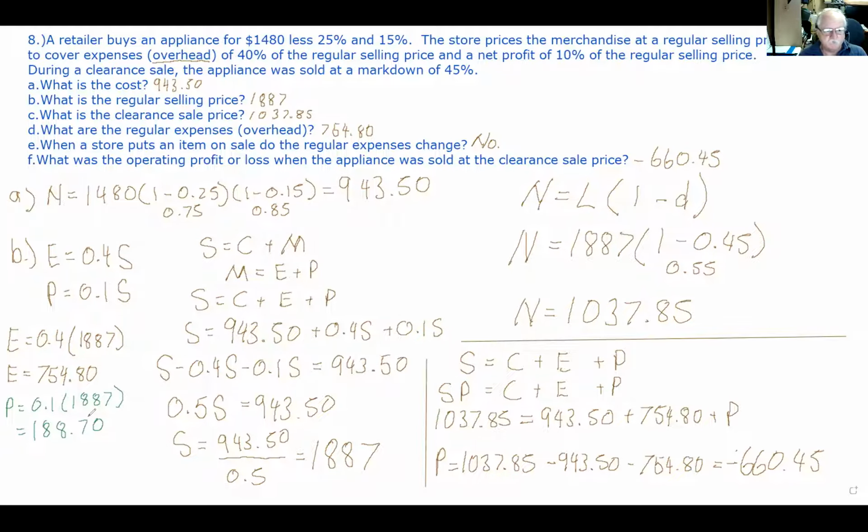And so the total markup that they wanted to make on this item would have been 188.70 plus 754.80. They wanted to make a markup of $943.50.